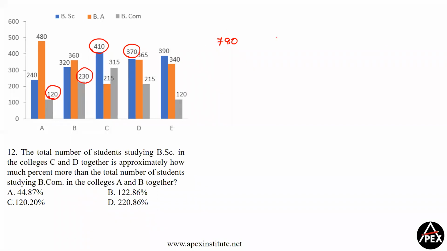Yeah, 350. So now I can replace this: the total number of students studying BSc in colleges C and D together, so this is 780. Is approximately how much percent more than, I can replace this with 350. So 780 is how much percent more than 350? So if I subtract 350, 430.